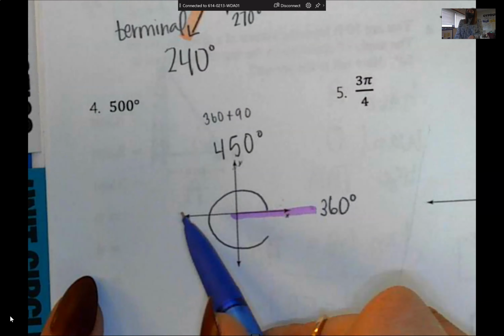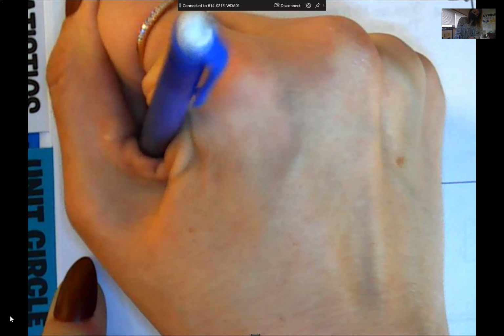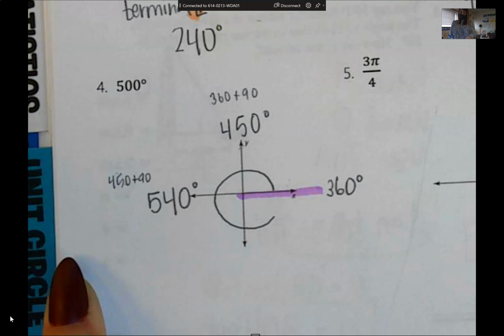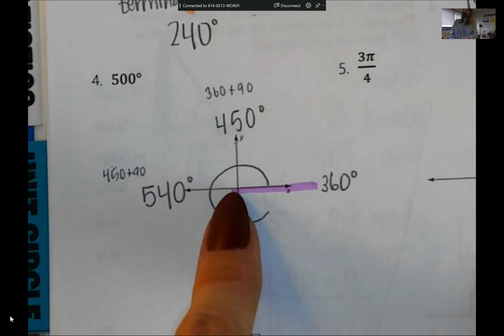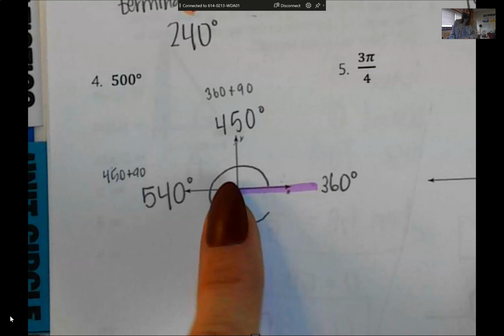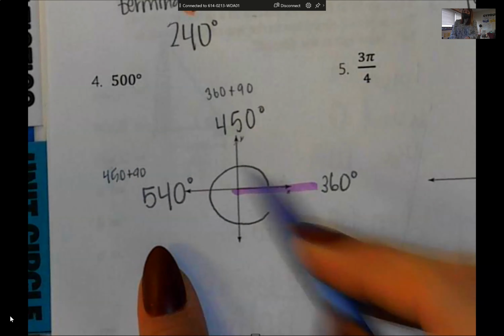Then if I do the same here, this one is 540 degrees, because I do 450 plus 90. So that means 500 is somewhere between these two, maybe almost halfway between.